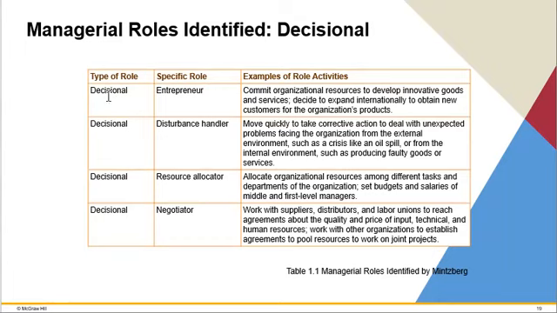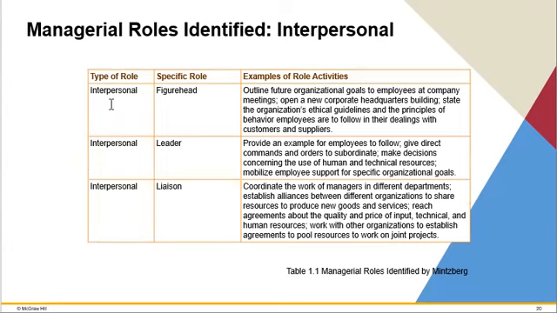Okay, so type of role, then kita ada specific role lah. So bermaksud di bawah decisional role boleh dibahagikan lagi kepada 4, and these are the example. Alright, same goes to interpersonal. Bawah interpersonal boleh dibahagikan kepada 3, and these are the examples.